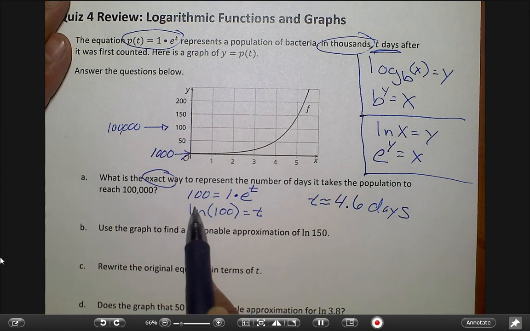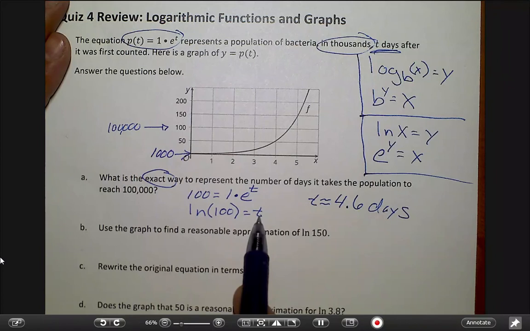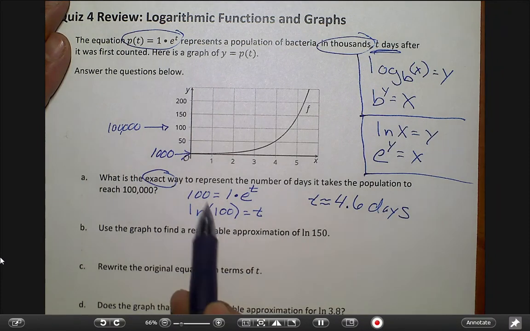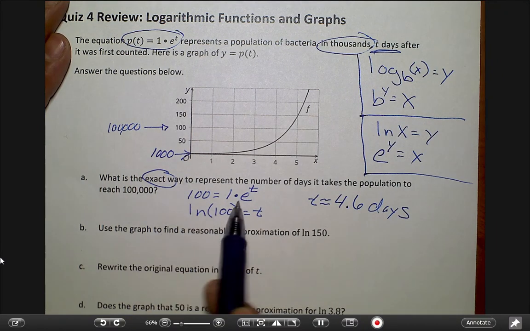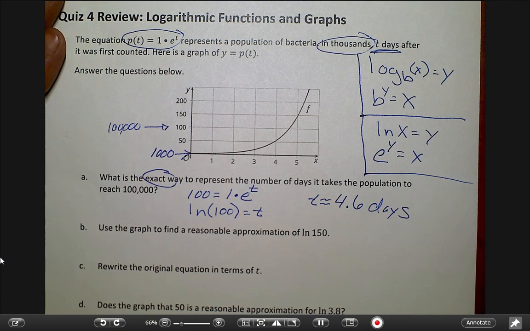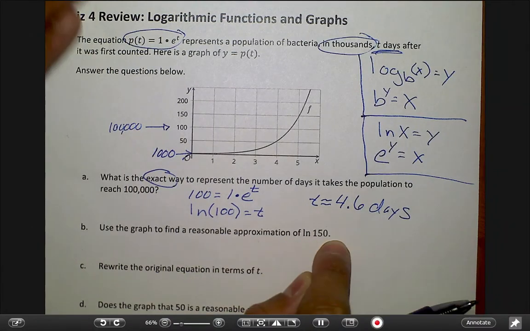You would use vars if you had this value here, because you're trying to solve for time. If I was solving for my population, I could use vars on that one. Okay? All right, so use the graph to find a reasonable approximation of ln 150.